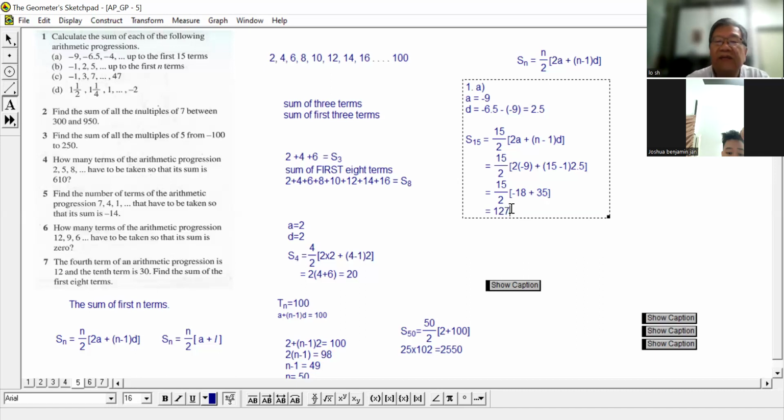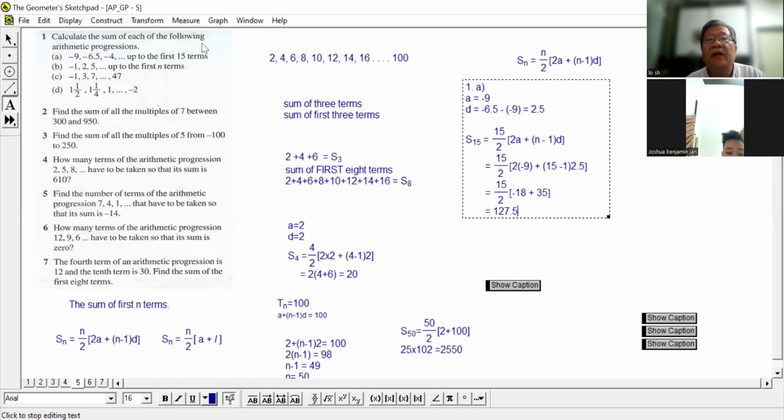Can you tell me why this number is not a whole number? Normally, we get a very nice number, no decimal place. Why now got decimal place?